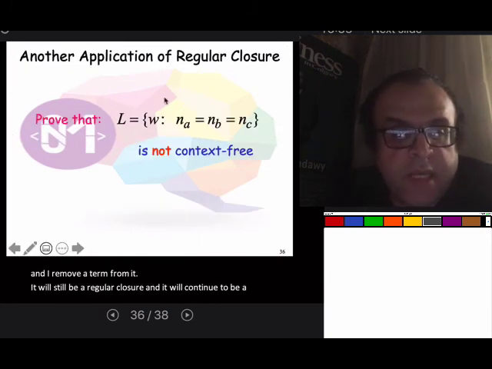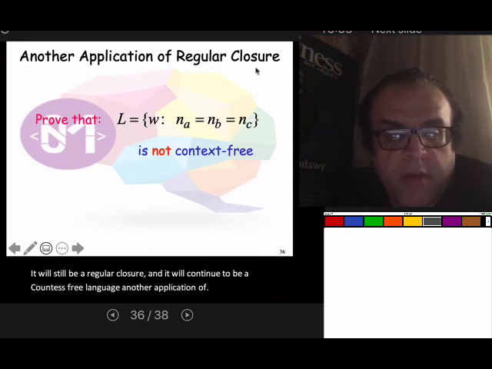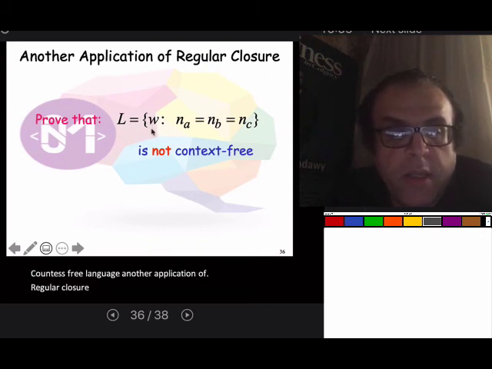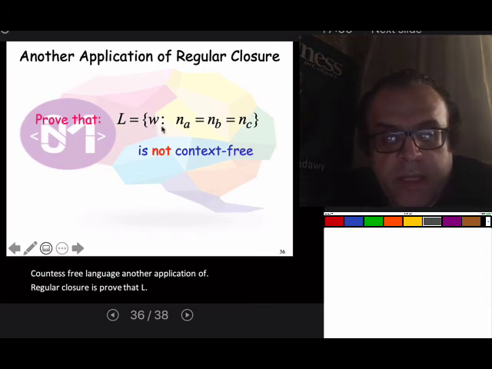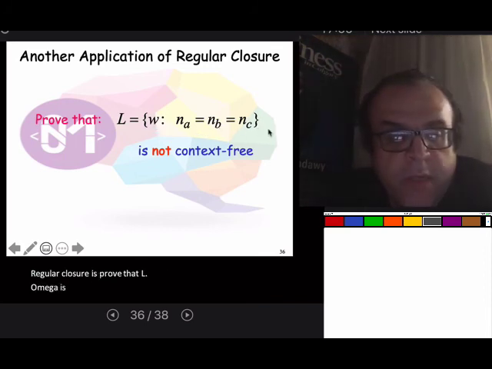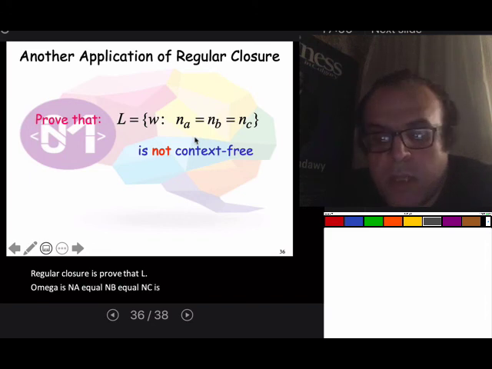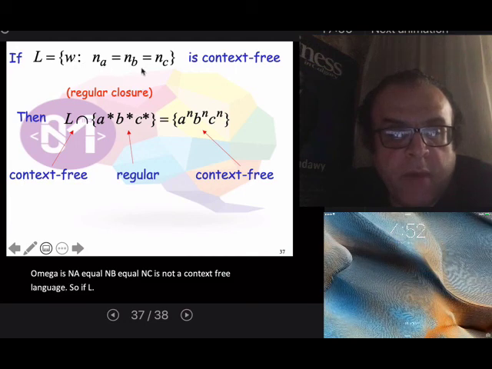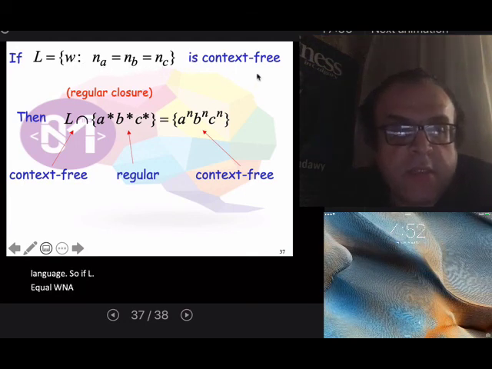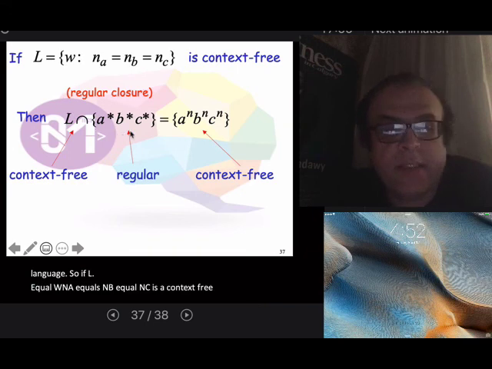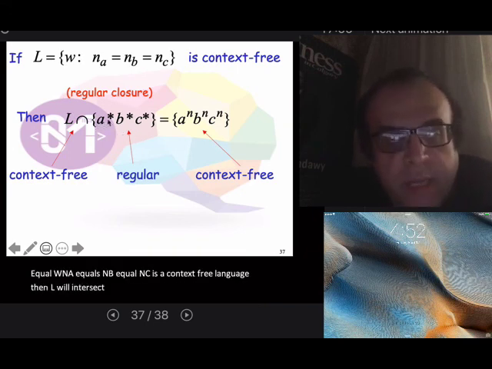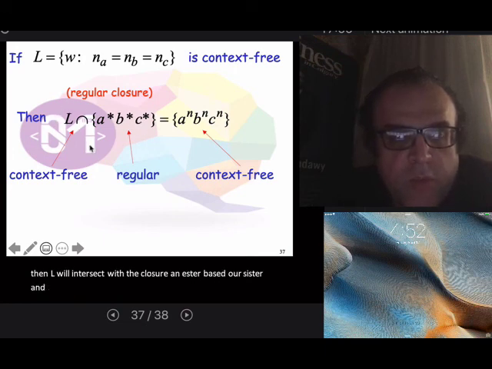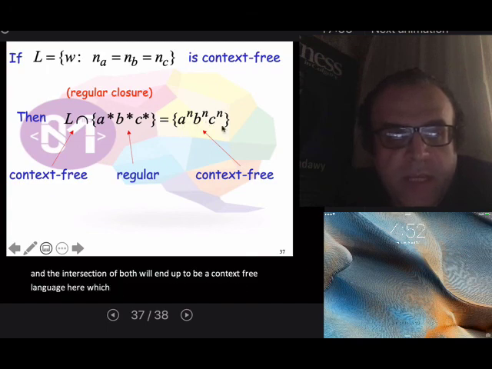Another application of the regular closure is to prove that the language L = {w : na = nb = nc} is not a context-free language. If L = {w : na = nb = nc} were a context-free language, then L would intersect with the regular language a* b* c*, and the intersection of both would end up being a^n b^n c^n.